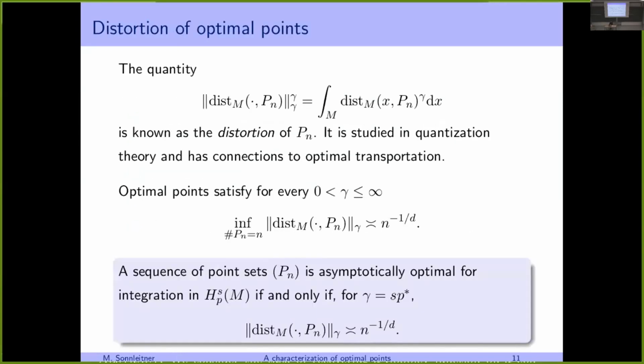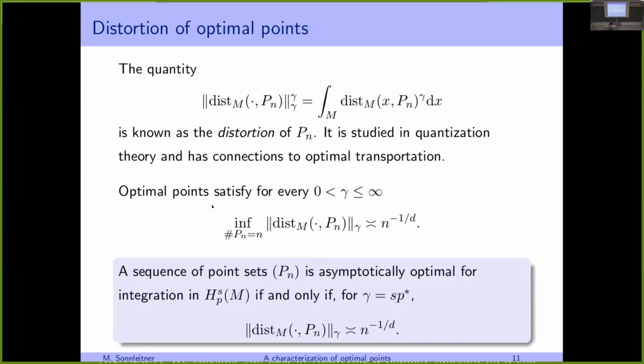Now let me say something about this central quantity which we use to characterize the quality of our point sets, namely this average to the gamma, so this integral. It is also known as the distortion of this point set Pn, and it is also studied in quantization theory and also in optimal transportation, and it was already mentioned, I think, by Alex Vlasiuk, how this arises as an error of quantizers in general.